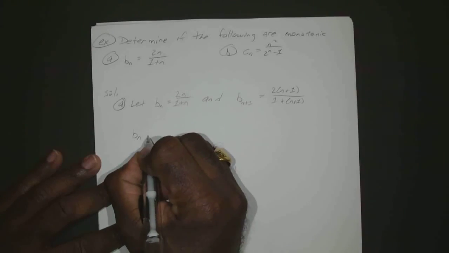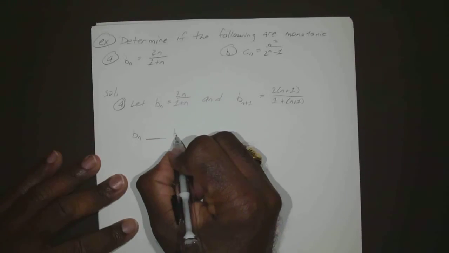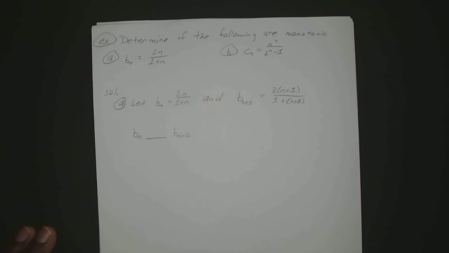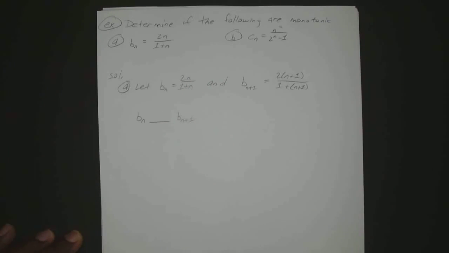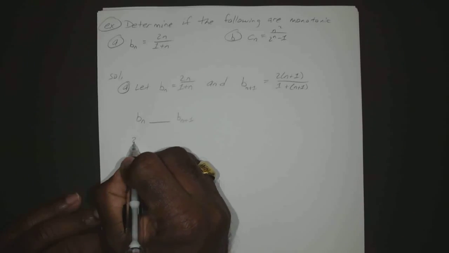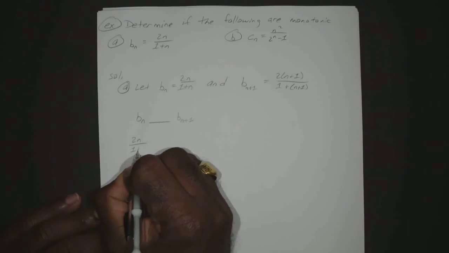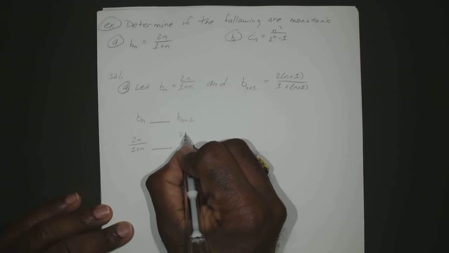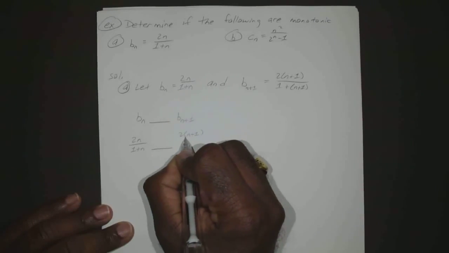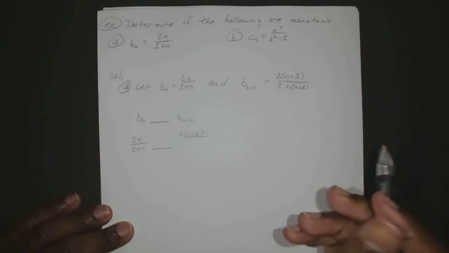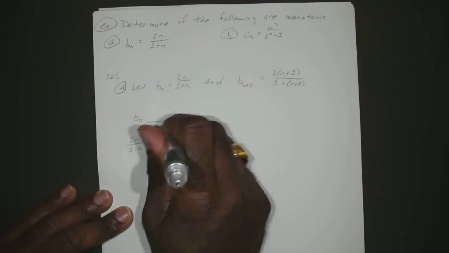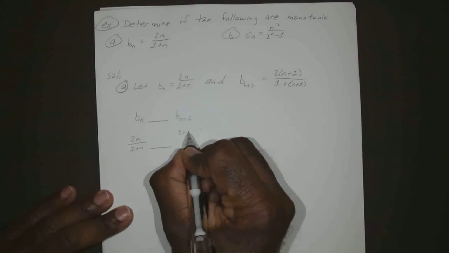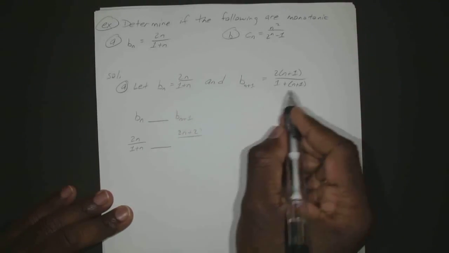Okay, so we know b sub n is going to be one or the other of b sub n plus 1. Okay, so that means we have 2 times n over 1 plus n is going to be something of 2 times n plus 1, well, might as well make it 2n plus 2, over n plus 2.